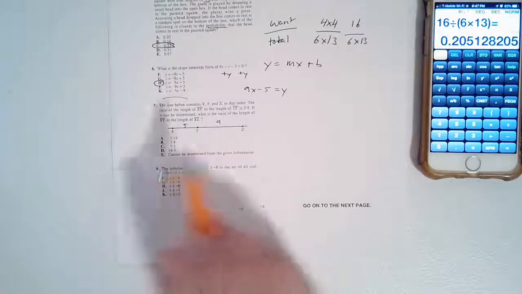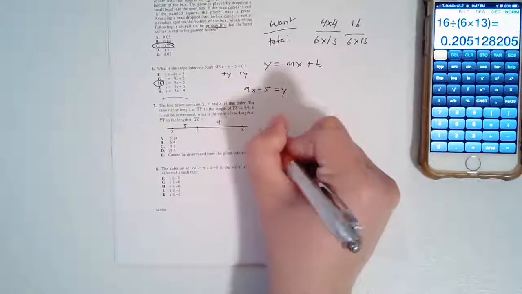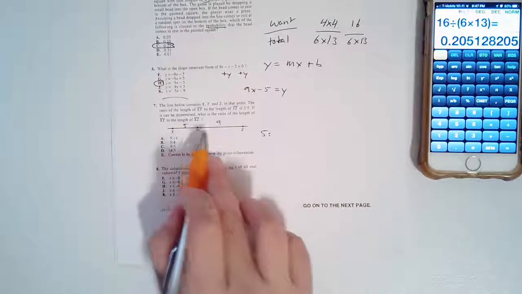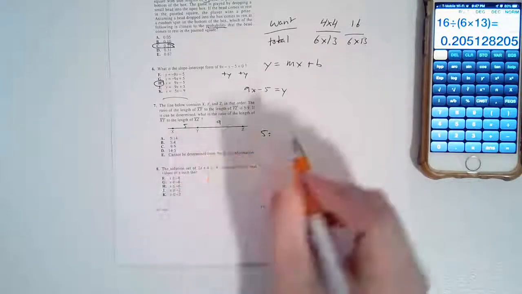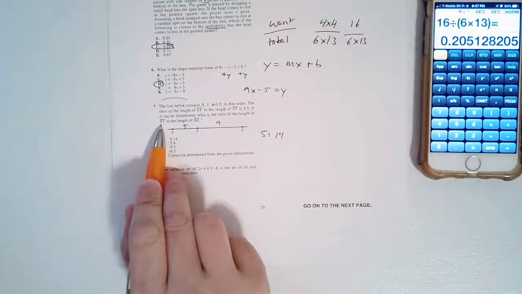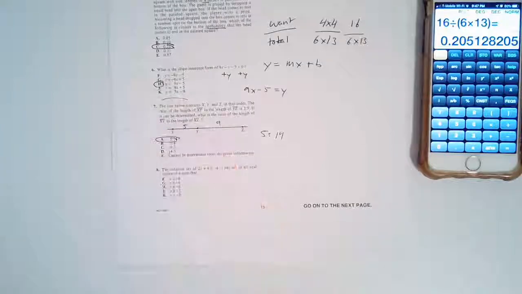Well, yeah. In this case, we know our xy for sure is still going to be 5. But now we know our xz, if this is 5 and this is 9, then that's going to be a total of 14. And it is xy to xz, so it is 5 to 14, so it's A.